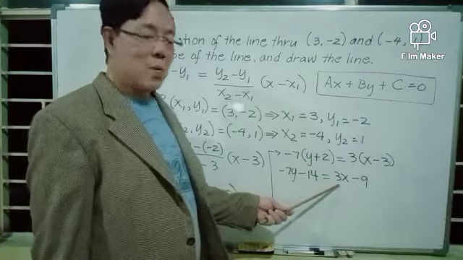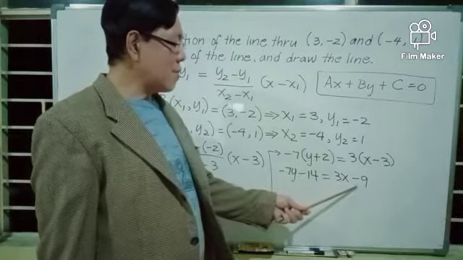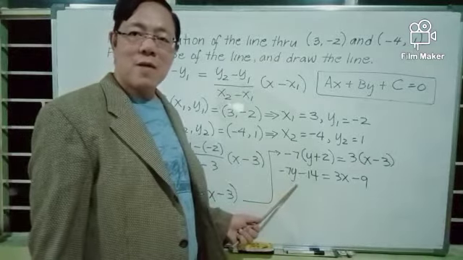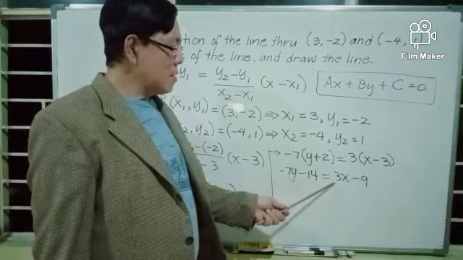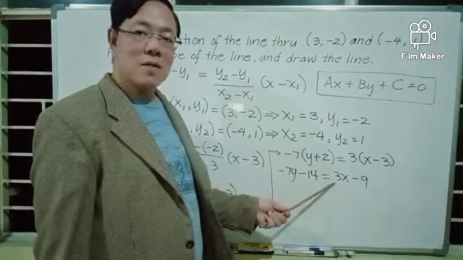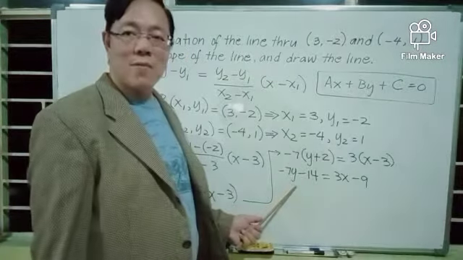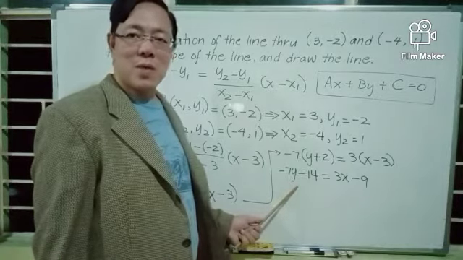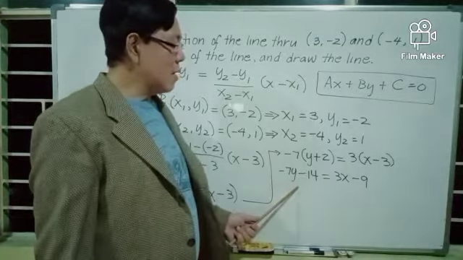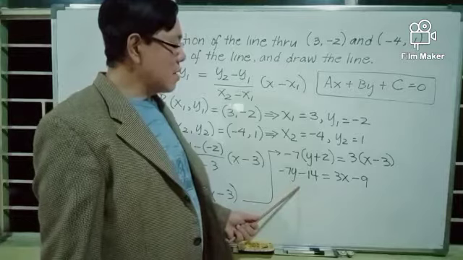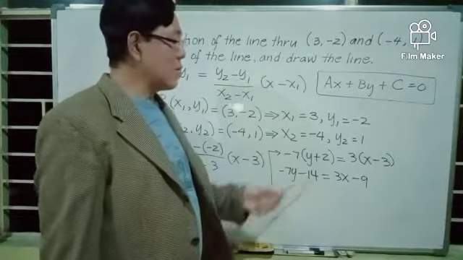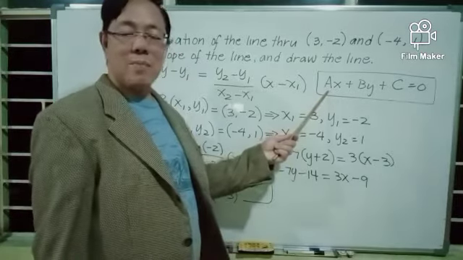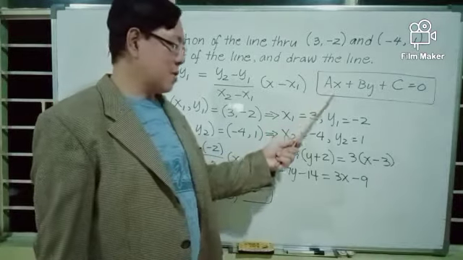Next, we transpose 3x and negative 9 to the left-hand side. If you do that, the coefficient of x when transposed to the left-hand side will become negative 3x. It's better that the coefficient of x be a positive numerical coefficient.